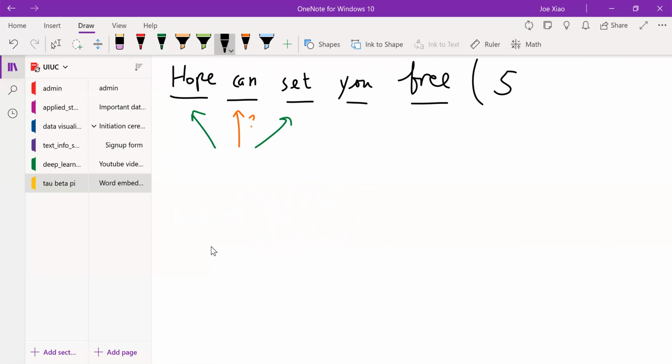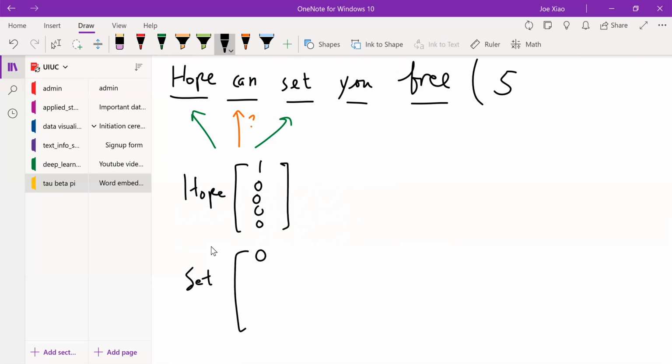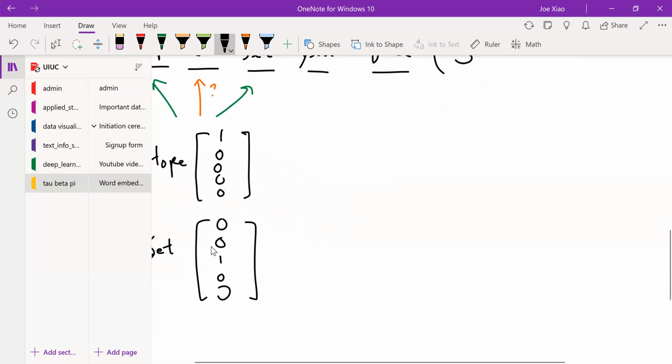So what we can do is represent the context words, let's say hope or set, first as a one-hot vector. So for hope, the first element has information. For set, the third element has information. And so these are vectors of dimension 5 by 1.